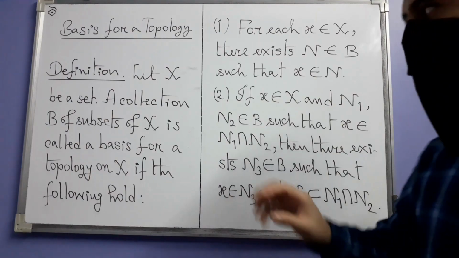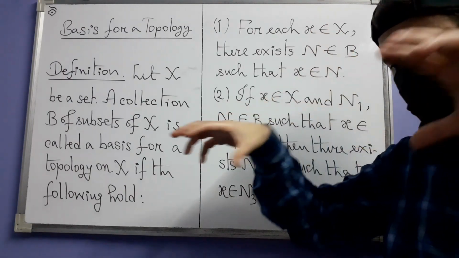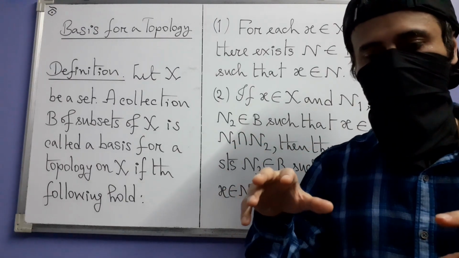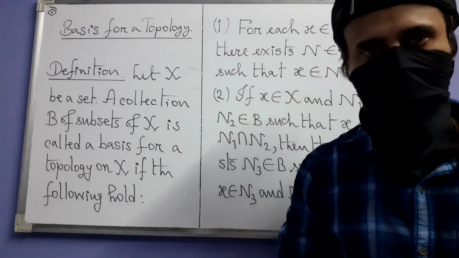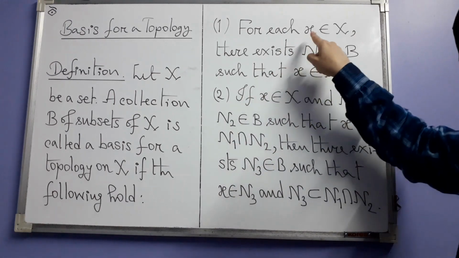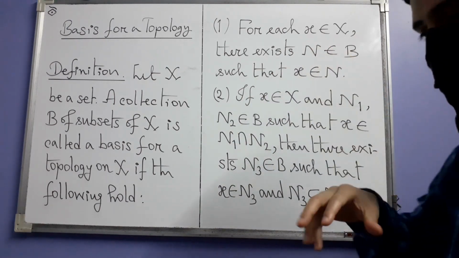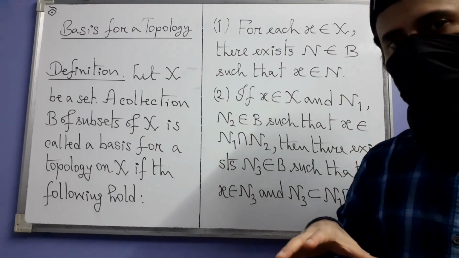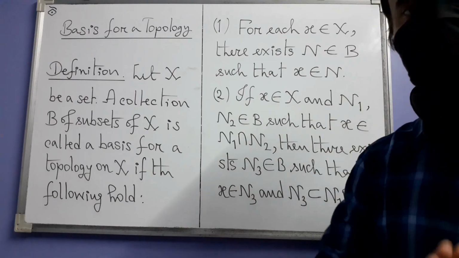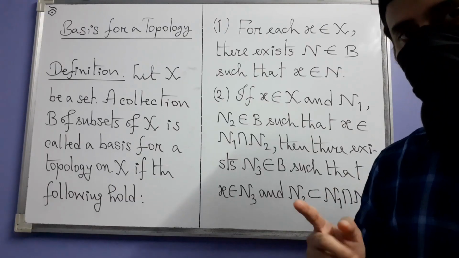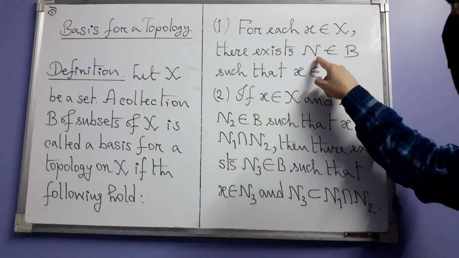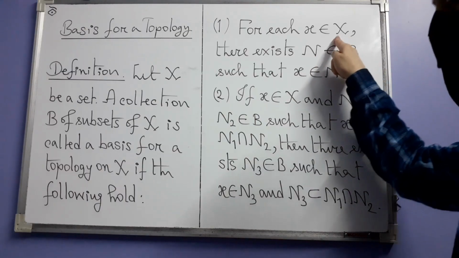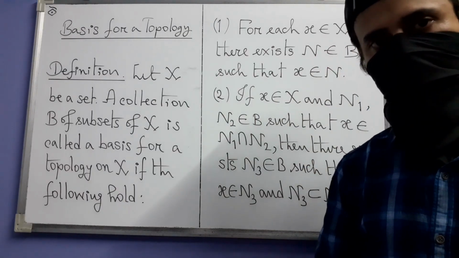Or in other words, if you collect all these basis elements, all these N's, they are subsets of X, and together they cover X. Anything that we have in X is inside at least one N. So together they are covering the entire set X. Or to be more precise, if you take the union of all these N's in B, then that is equal to X. How?